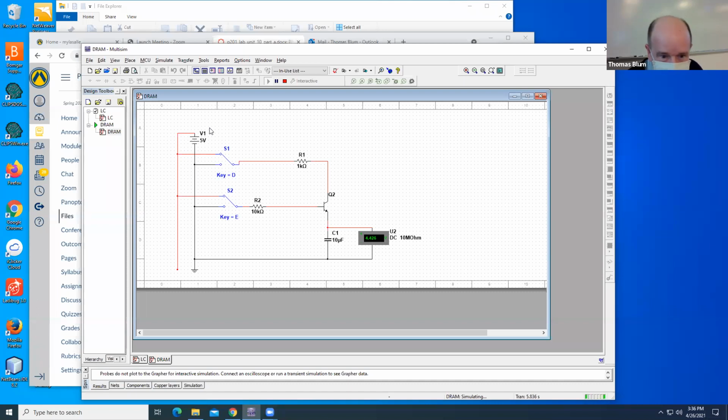And now I'm going to flip the E switch and put it into the hold state. So now I'm in the hold state. I'm holding a 1. It doesn't matter what D is. What matters is that D was high when I was last enabled. So last thing I wrote was a 1, and now I'm in the hold state.